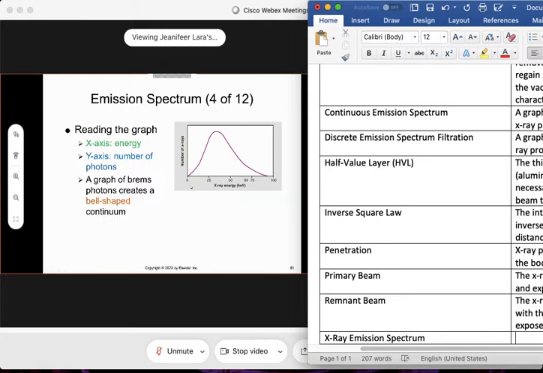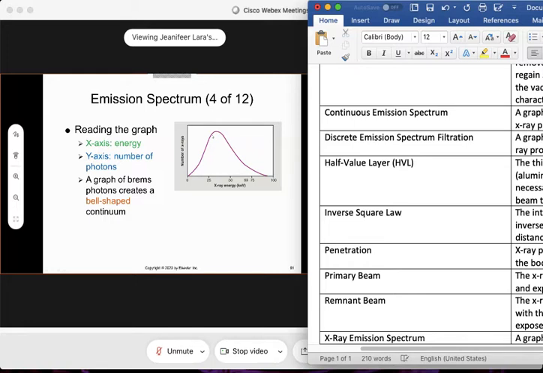So on the x-axis, we're talking about energy, what we are selecting on our kVp. So this is the amount of energy, penetrating power of our photons. The y-axis is amplitude, number, quantity of photons in our X-ray beam.